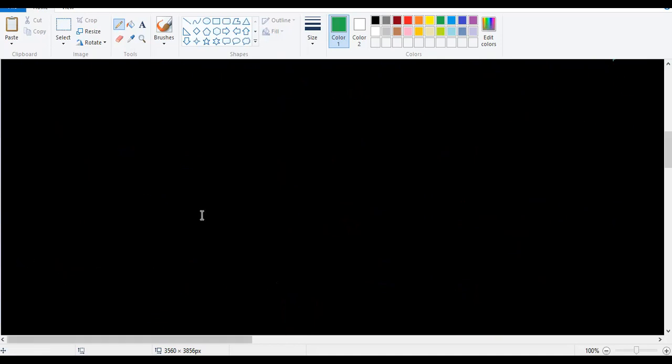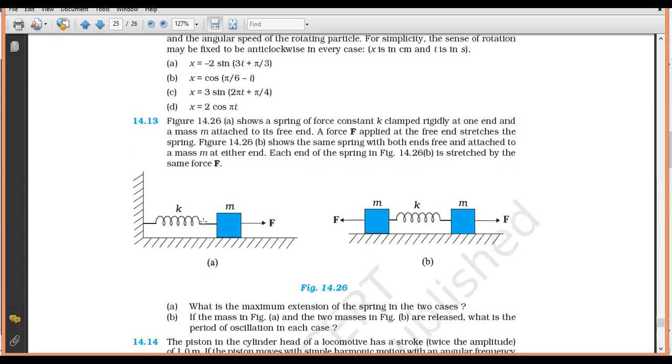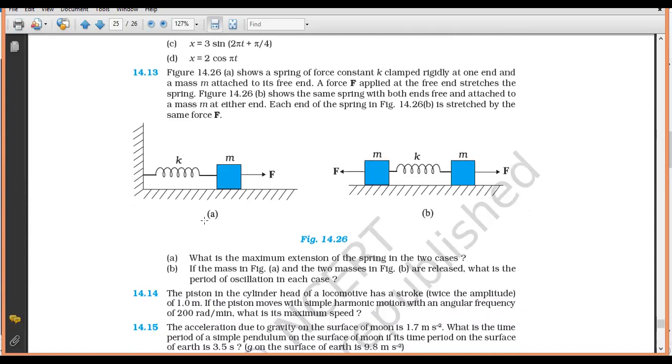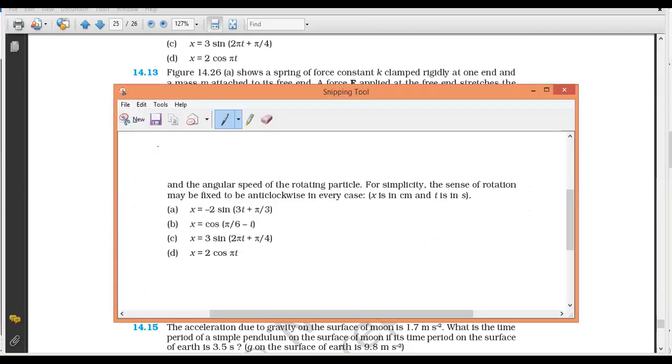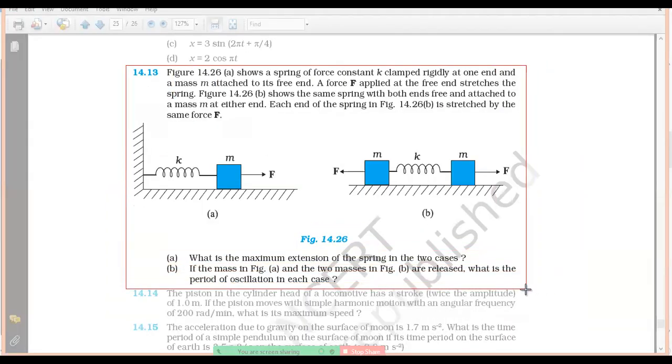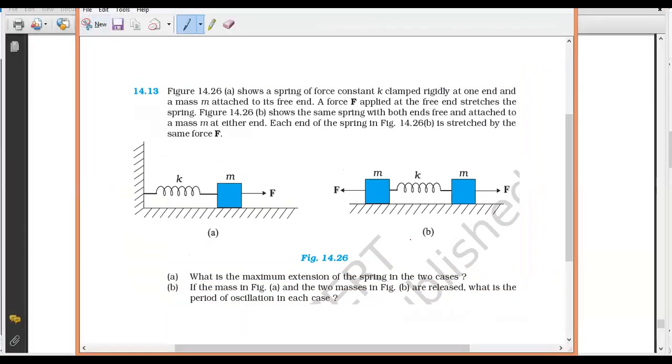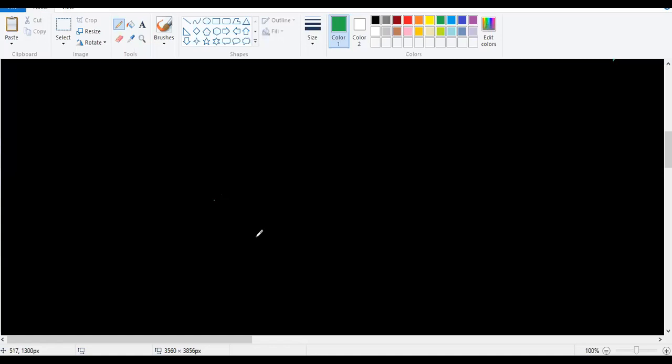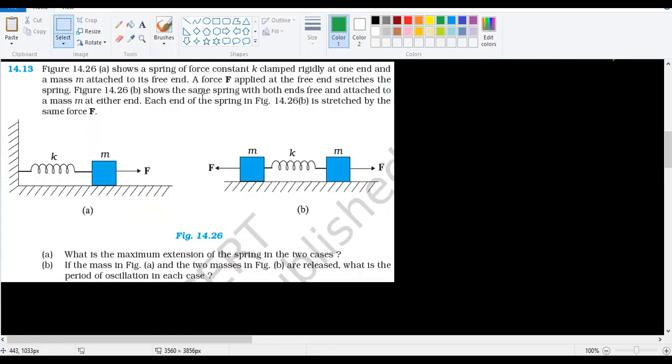Okay, let's go to the question over here. I think there are two parts. So let's read through this. I think the first one is easier.